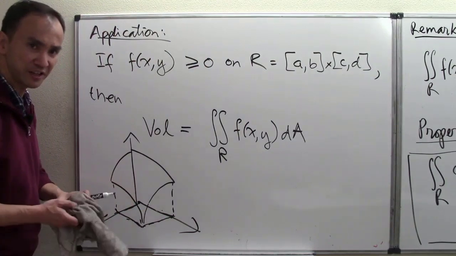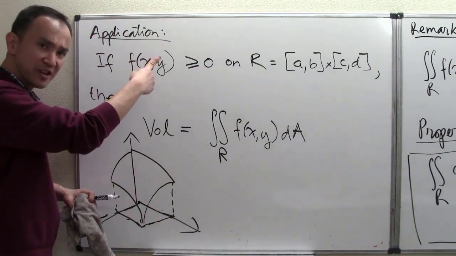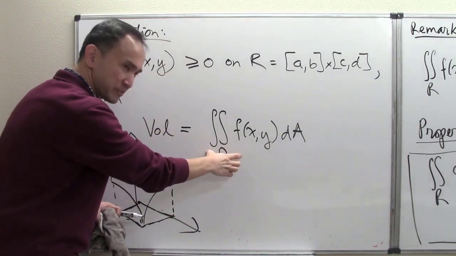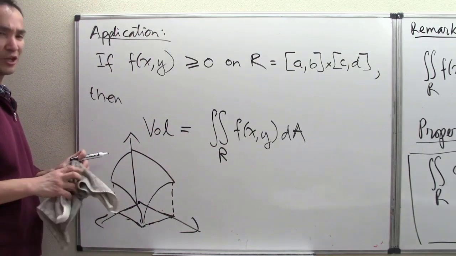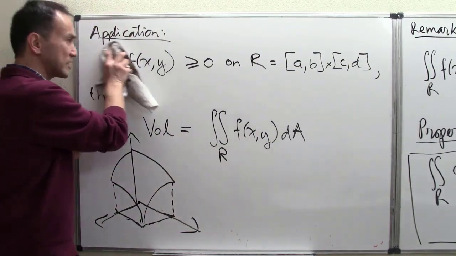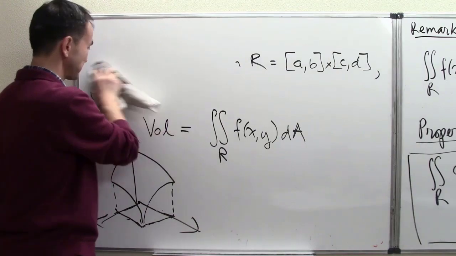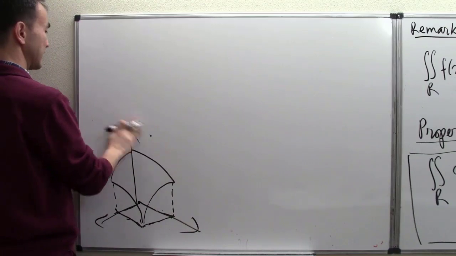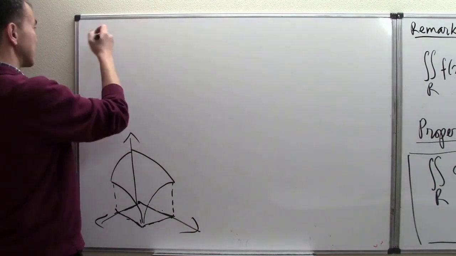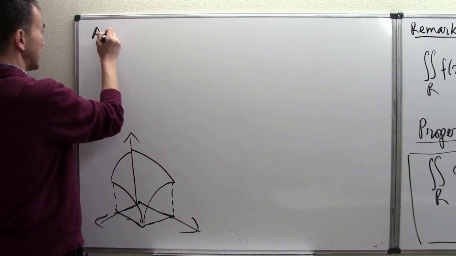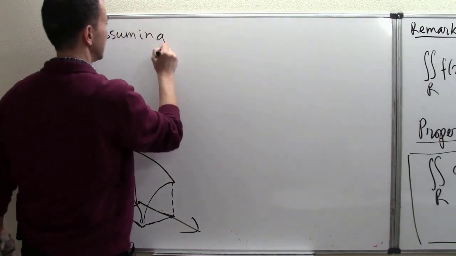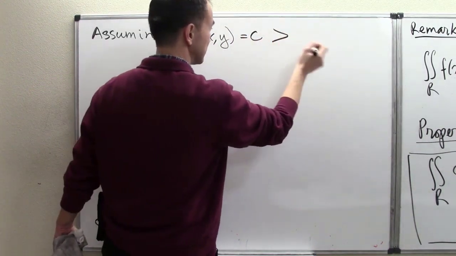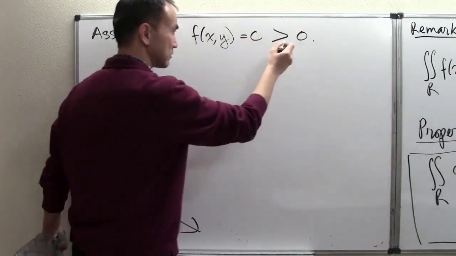think about this picture right here, okay? Yes, as far as an application, as long as the function is positive, then the volume can be obtained by that double integral. Now, we still did not cover all the cases yet, and we will come back and reinvestigate this later, but to prove this particular property I'm narrowing it into one case for now, assuming that the function is a positive constant, or how about non-negative?